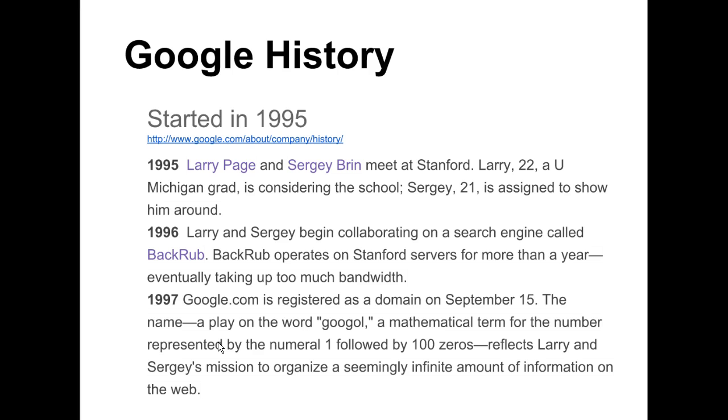Google's history. It started in 1995. Here's a link if you want to read more about the history. Page and Brin met at Stanford. They were 21 and 22. It's interesting to note that many of the companies in this tech and information age were started by young people in your age group, 19, 20, 21.